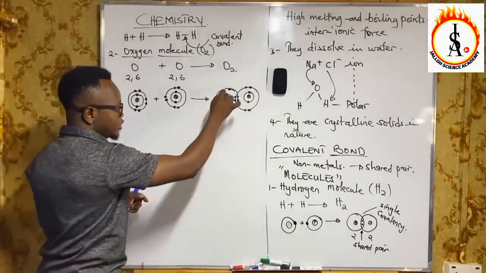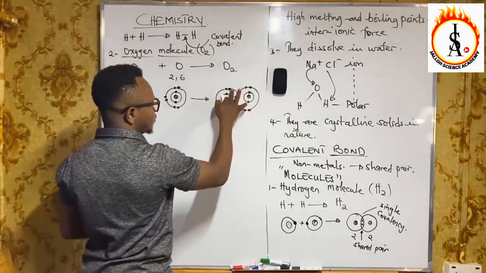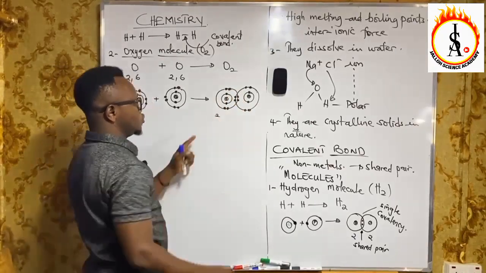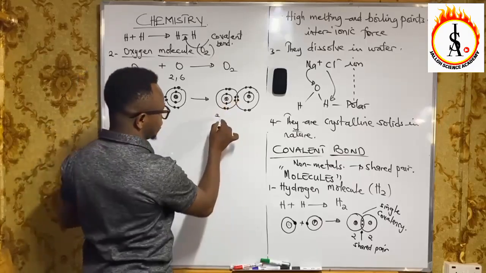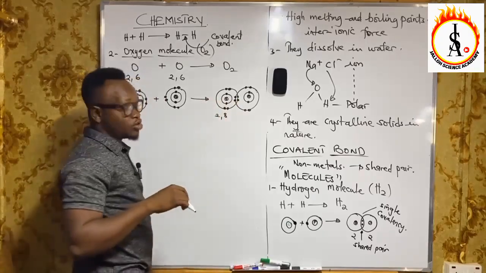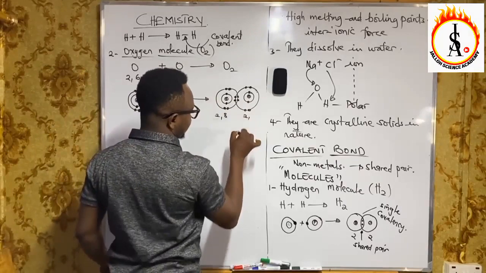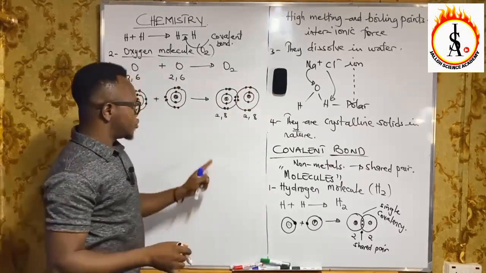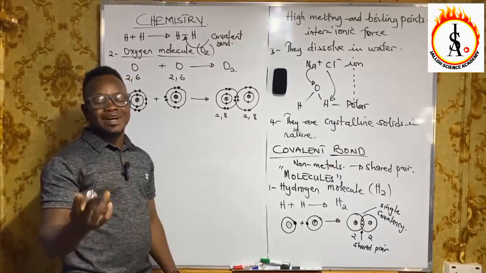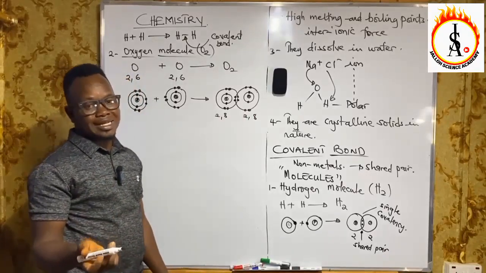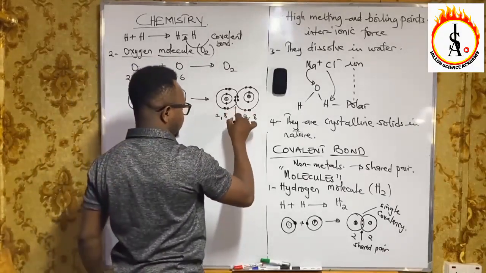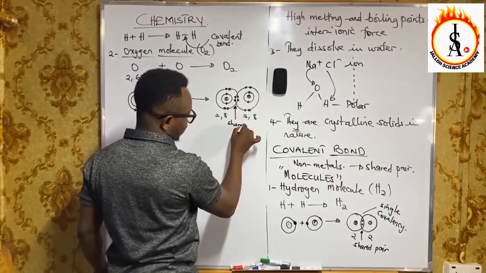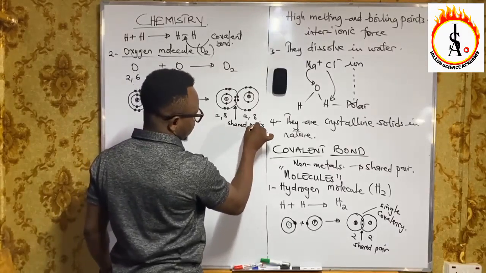If we look at this, we have a total of first shell 2, second shell 2, 4, 6, 8, getting the configuration of neon, 2,8. In this also 2, 2, 4, 6, 8, 2,8. So both species have attained the configuration of a noble gas, neon. The number of electrons that are shared, we refer to as the shared pairs. These are the shared pairs.